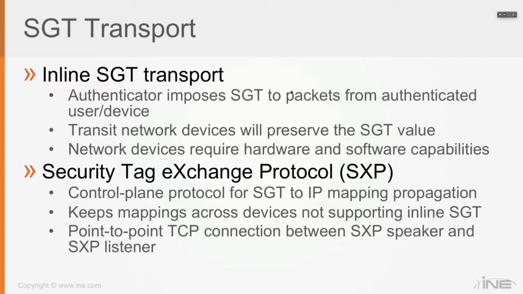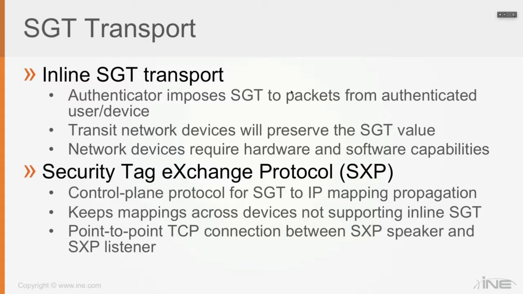So SXP is going to be a control plane protocol based on TCP, which is going to signal to other devices which are capable of inline SGT transport the SGT to IP mapping as received from Cisco ICE.